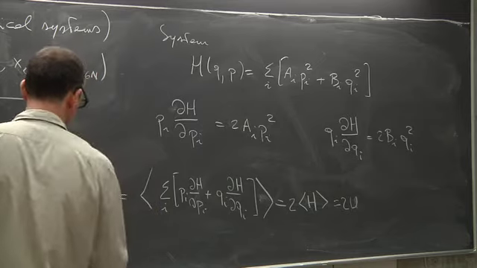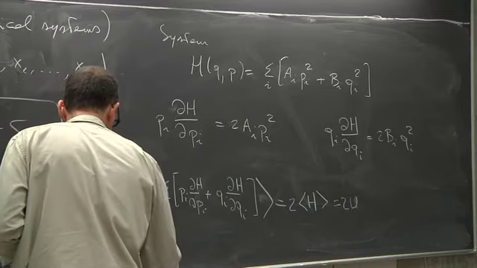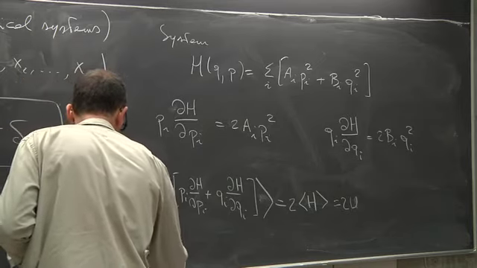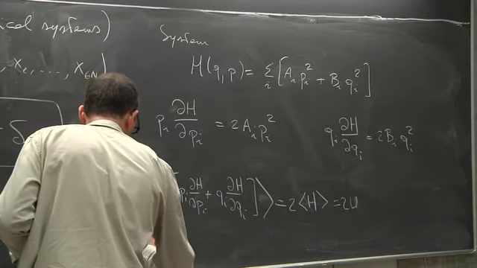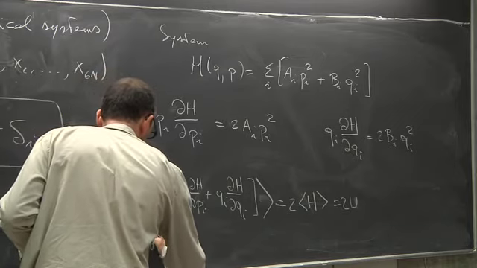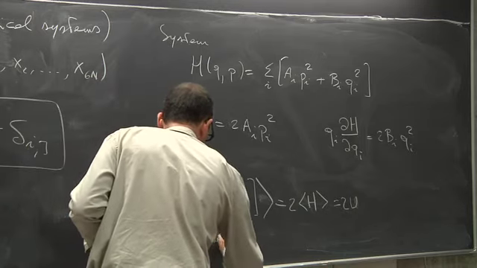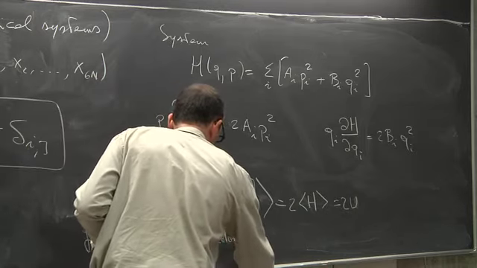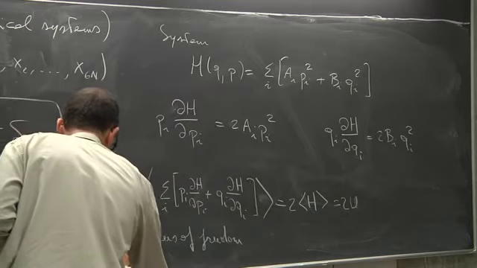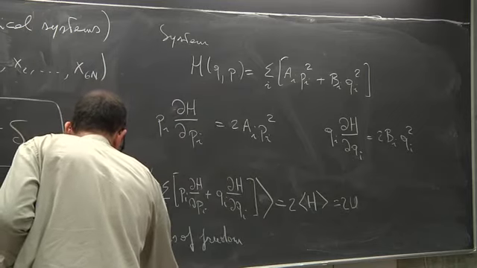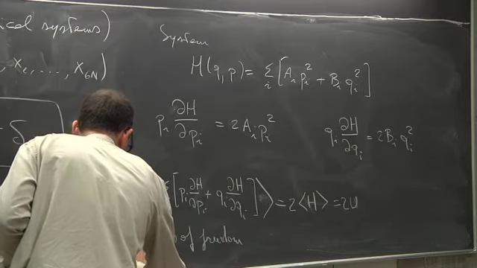Okay, so this F is equal to the number of degrees of freedom. So, for example, this would be equal to 6N for a gas.